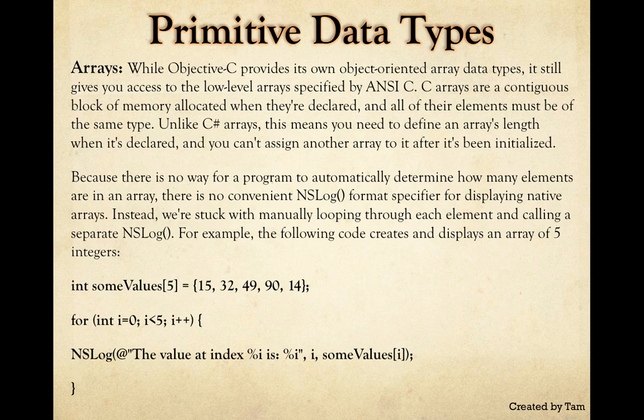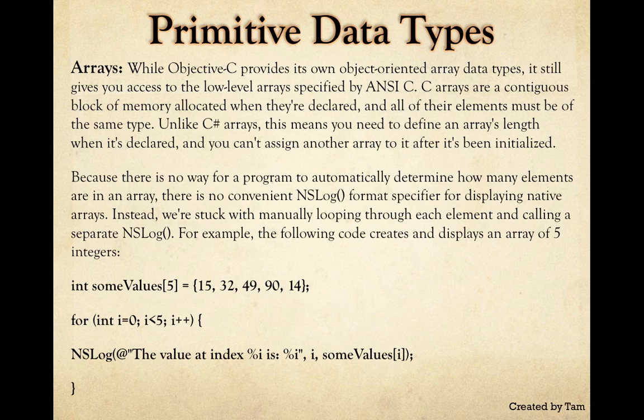So, for (int i = 0; i < 5; i++). That means the loop will start from 0 and continue until the i value is no longer less than 5.